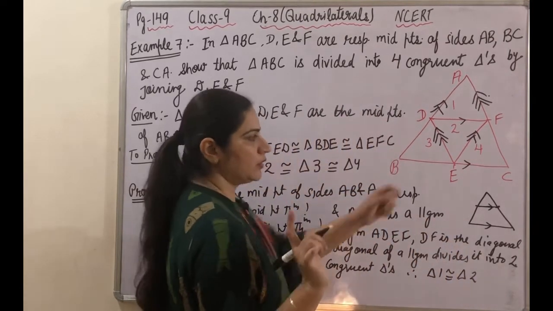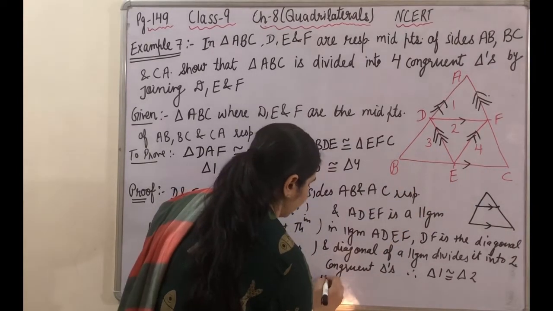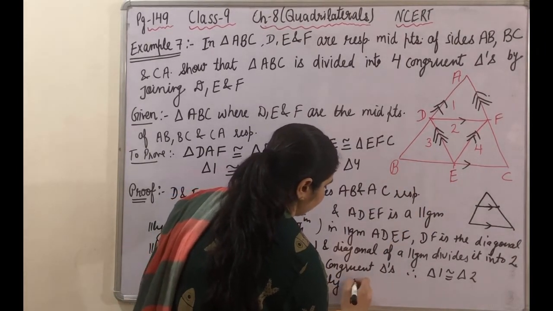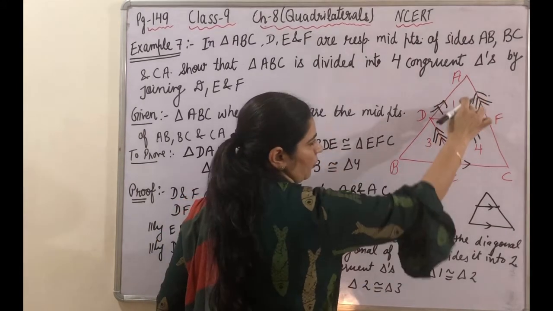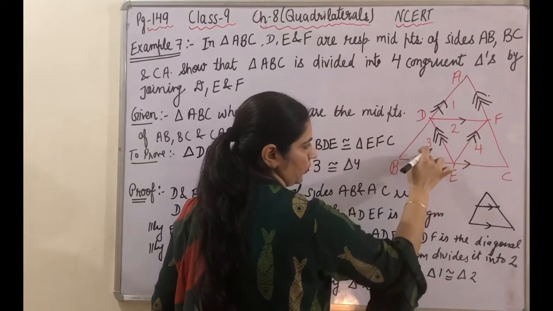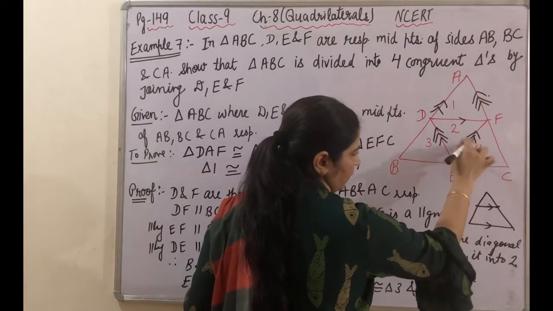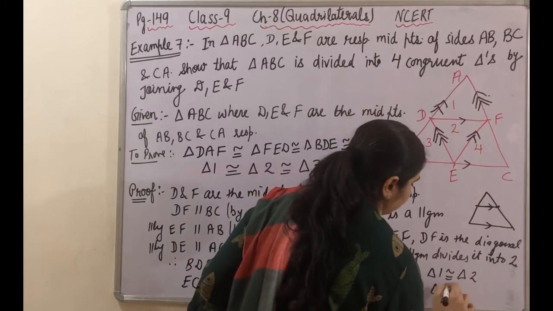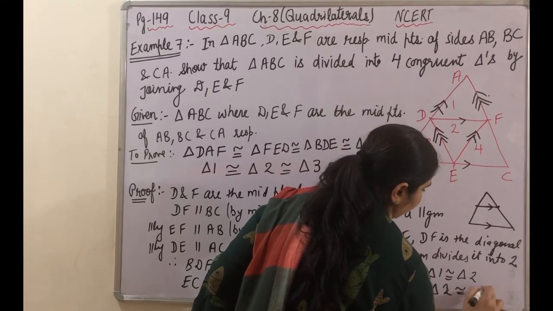Similarly, I will not prove it again. Similarly, triangle 2 is congruent to triangle 3, and similarly triangle 2 is congruent to triangle 4 also.